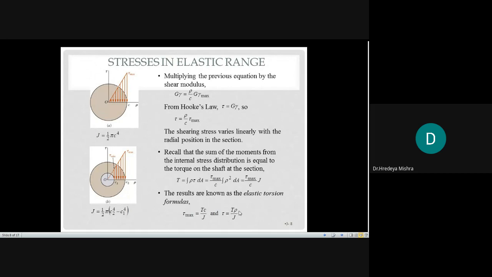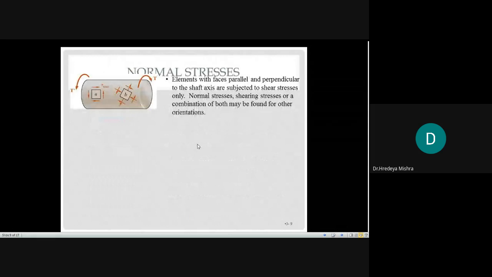The shear stress is T rho upon J. This is based on the normal shear stress and maximum shear stress produced in the shaft. Elements with faces parallel and perpendicular to the shaft axis are subjected to shear stresses only.